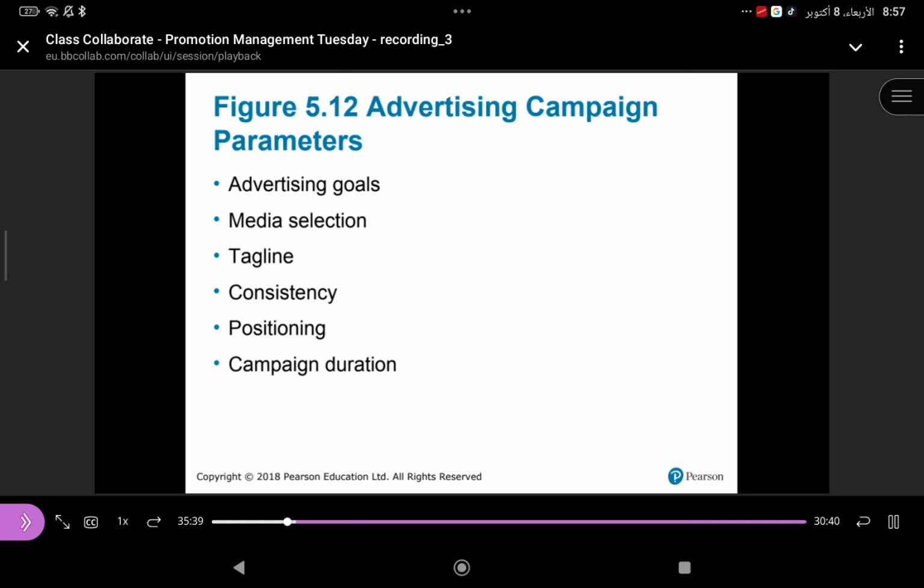Make the target audiences and message strategy. So it's a very important parameter for any organization when they try to target a market.